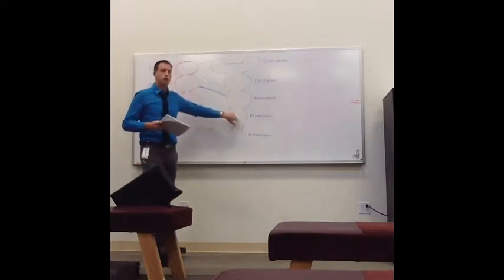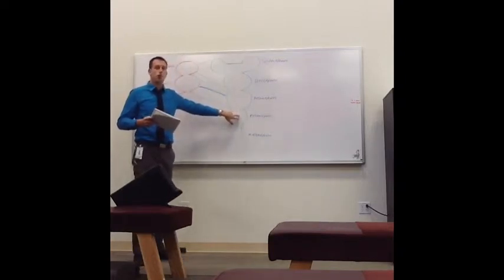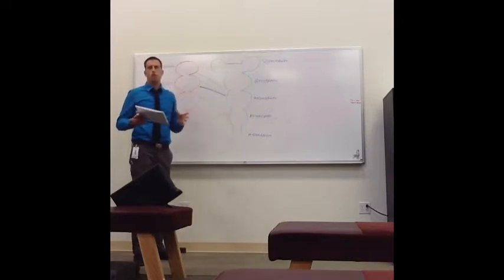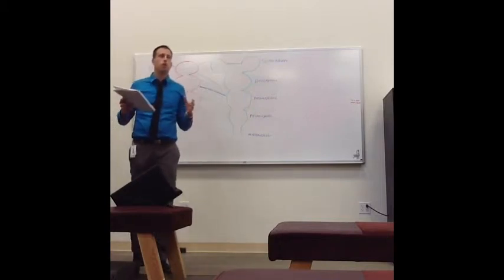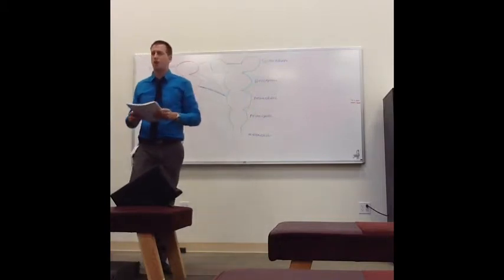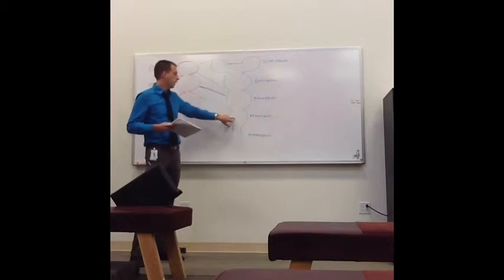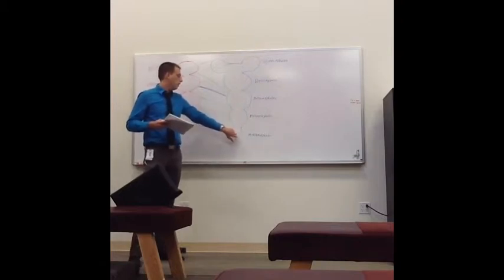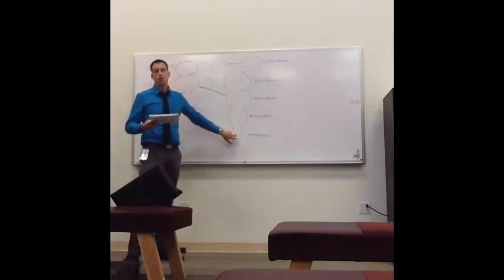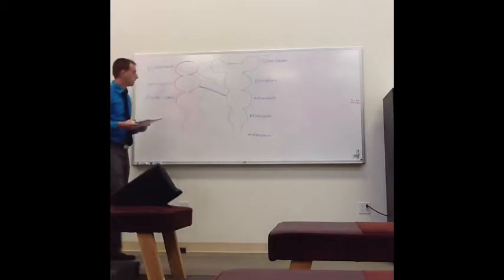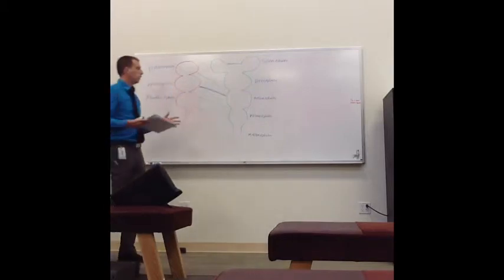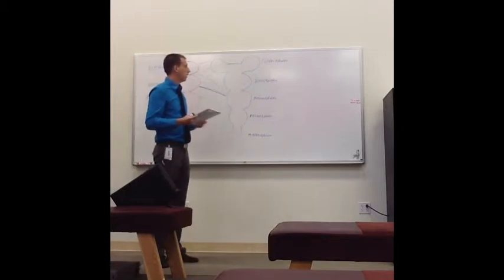The metencephalon turns into the pons, this lower part of the brainstem, and the cerebellum. From the way the pons is set up, it has those huge cerebellar peduncles coming in, so there's a ton of information going to and from the cerebellum from the pons. So those develop together, and then you have your myelencephalon, which becomes your medulla and your spinal cord. That's the giant overall picture of how your brain starts developing.